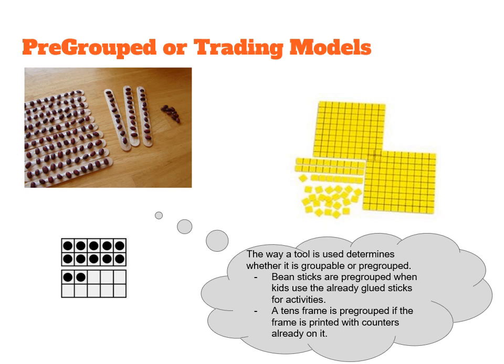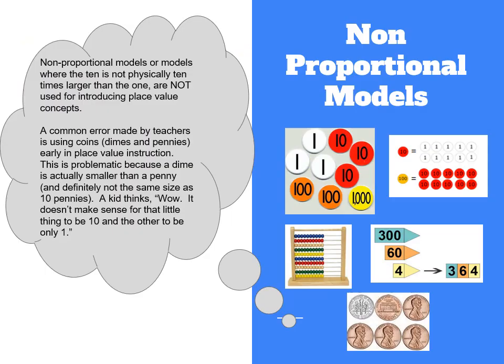After kids have had lots of experience with pre-grouped or trading models, then we can move over to non-proportional models, all right? Remember, these are the models that are no longer in proportions. A common error that teachers often make is using coins as a place value model. And when you think about it, it's like, oh, well, that makes sense. A dime is 10 and a penny is 1, right? However, think about it. Which coin is the smallest, a penny or a dime?